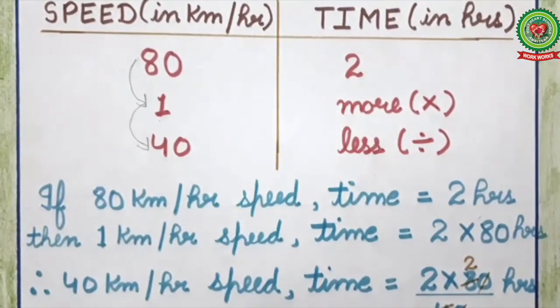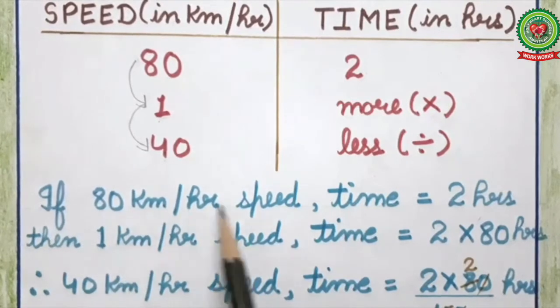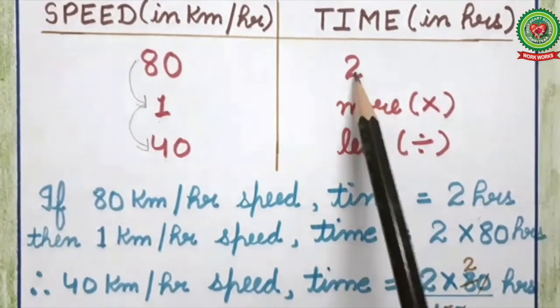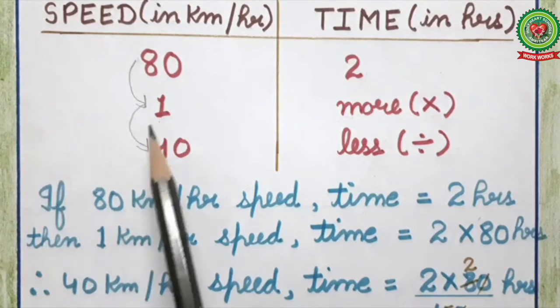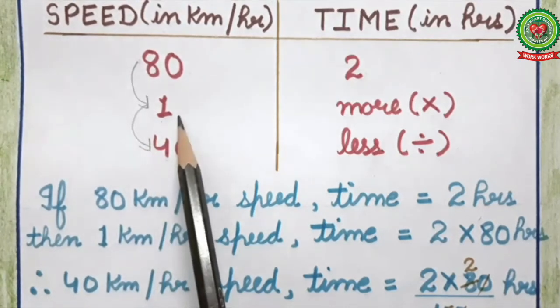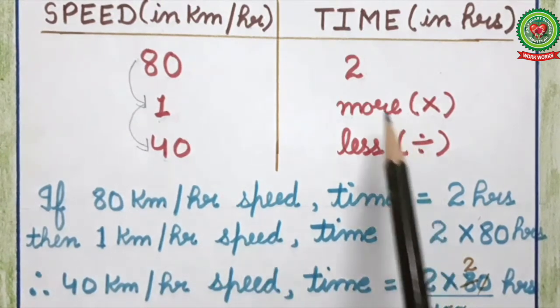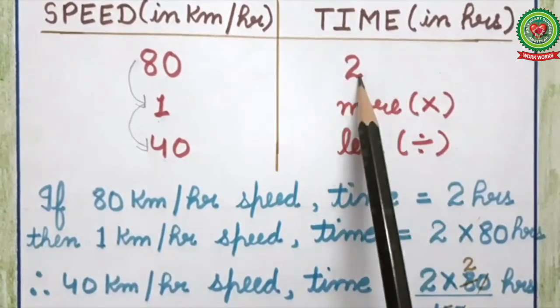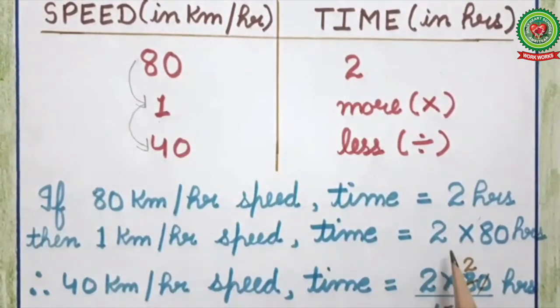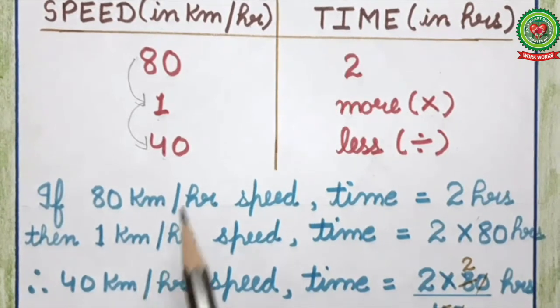So if 80 km per hour speed, time is equal to 2 hours. After that, we will find the time for 1 km per hour. For 1 km per hour speed, we will get the time by multiplying 2 with 80. Here I have written 2 multiplied by 80 hours.